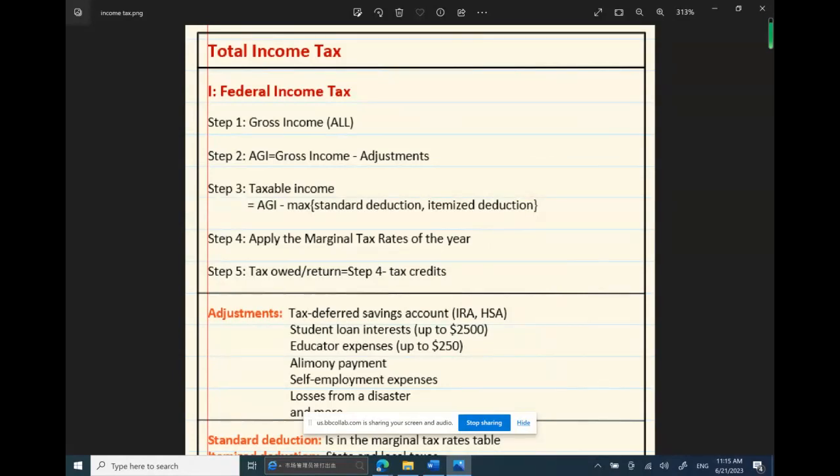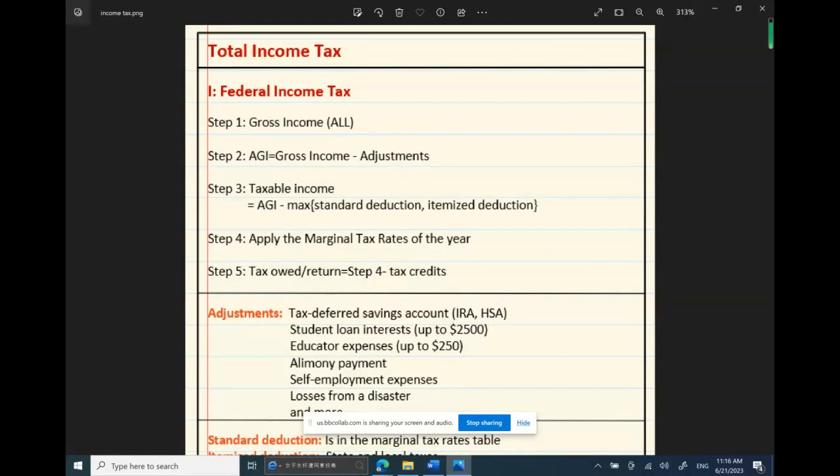In my table note, I have all the steps given to calculate your federal income tax. The first step is to find your gross income, all the income you made during the year from January 1st all the way to December 31st.